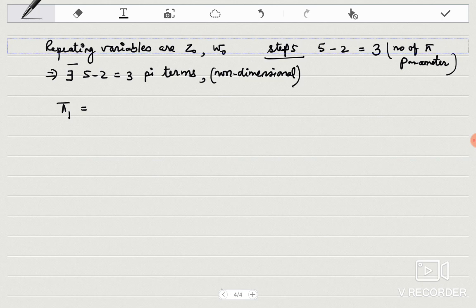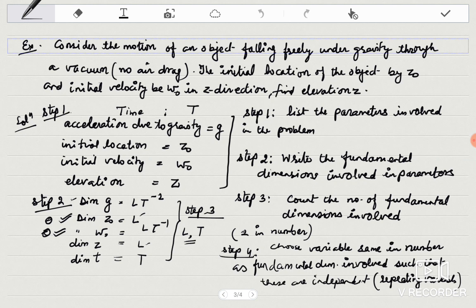You see on the previous sheet, yes, you see here, this has been chosen, this has been chosen. Okay, these are the repeating variables. Now I have to write one term corresponding to each of the remaining ones. So first of all I am taking t, then I will take g, and then z, or whatever be the sequence.